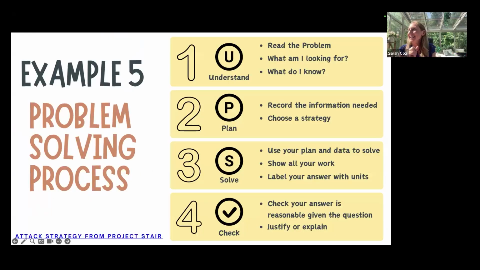All right. The last example that I'm going to give before we try some of these on our own is the problem solving process. Now, I will acknowledge that most of us who have used graphic organizers in teaching before have probably not used graphic organizers in this way, particularly in math.